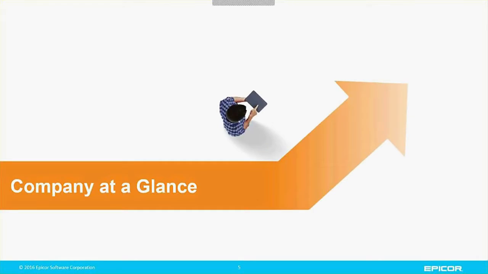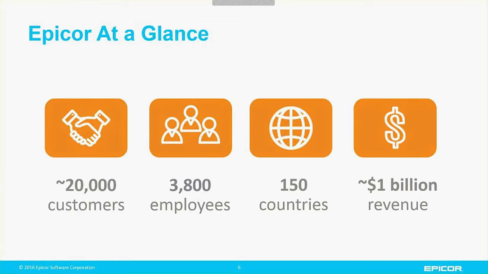So for those who don't know us all that well, Epicor at a glance. We're 20,000 plus customers, nearly 4,000 employees. We operate in 150 countries, about 32 or 34 different languages, and we run at about $1 billion a year in revenue.